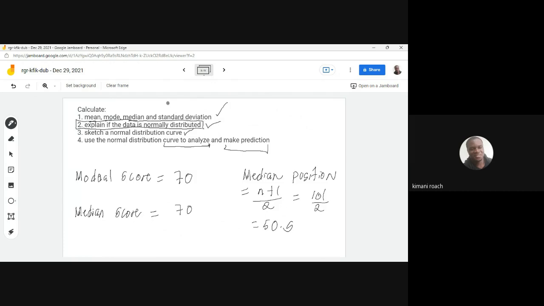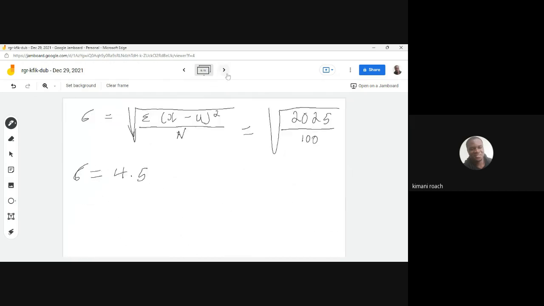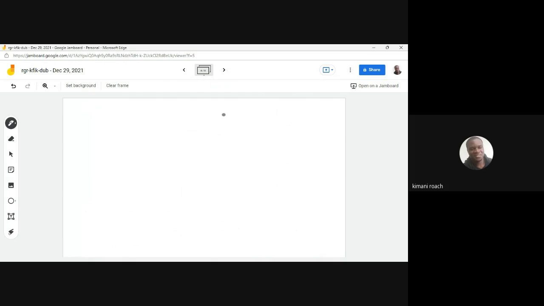And what we're going to do now is we're going to sketch our normal distribution curve. Now, one of the things that we need to understand about our normal distribution curve, very important, is our normal distribution curve is always centered around our mean score.